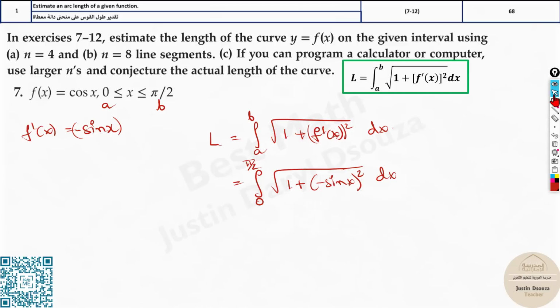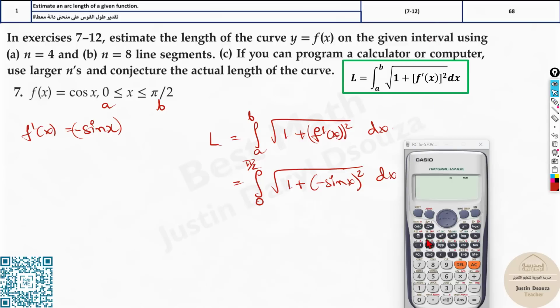Now all you do is use the calculator and we will solve it up. Here we need to use this integral symbol, right? Can you see the symbol over here? That's it. And now what do we have to put inside this? It's square root of 1 plus, open the bracket and write whatever is the derivative. It's minus sine x, close the bracket. Now this is for x, and now close one more bracket, that's for sine.